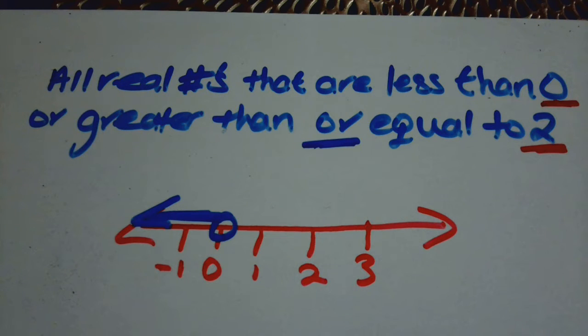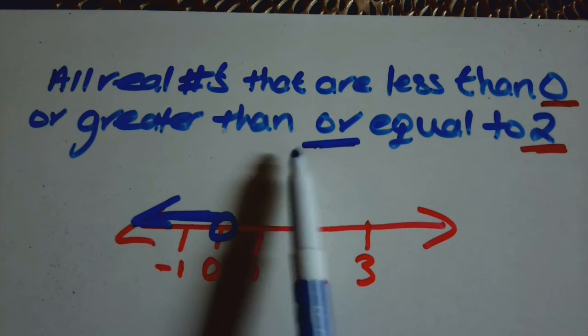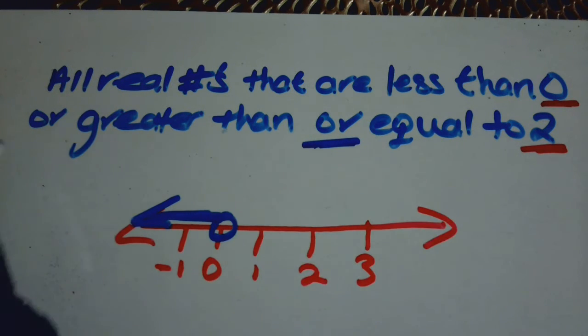So think of them as two separate inequalities, and if you do that and read them and understand what you're reading and you practice these, then it will get easy to go ahead and graph them. So that's the first part, or greater than or equal to. So the or is where we can tell that it is a separate compound inequality.